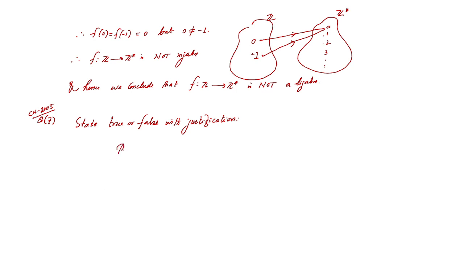The map f from R to the open interval (minus 1, 1), defined by f(x) equals x by (1 plus x square), where x belongs to the real numbers, is a bijective map.